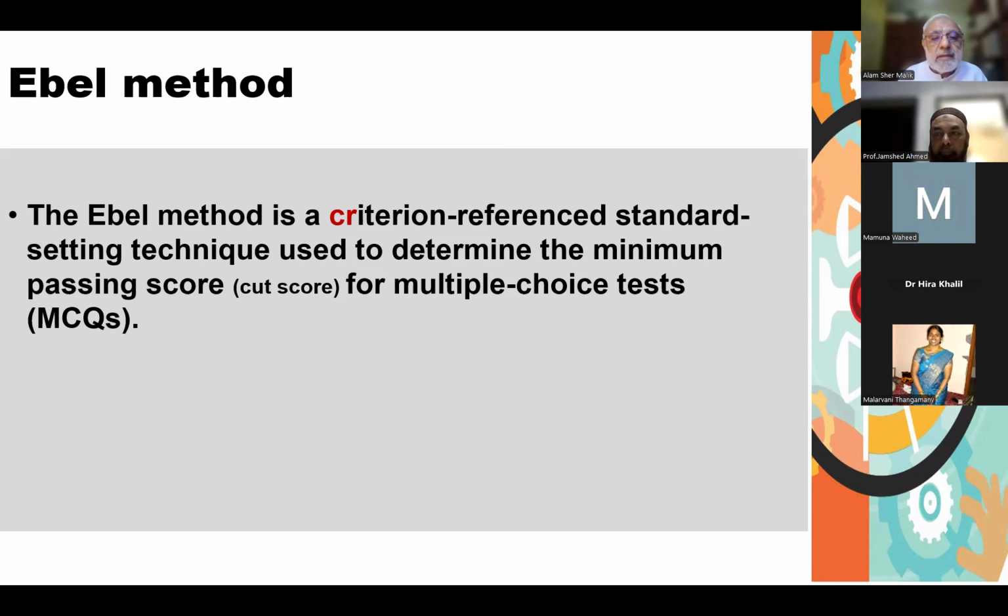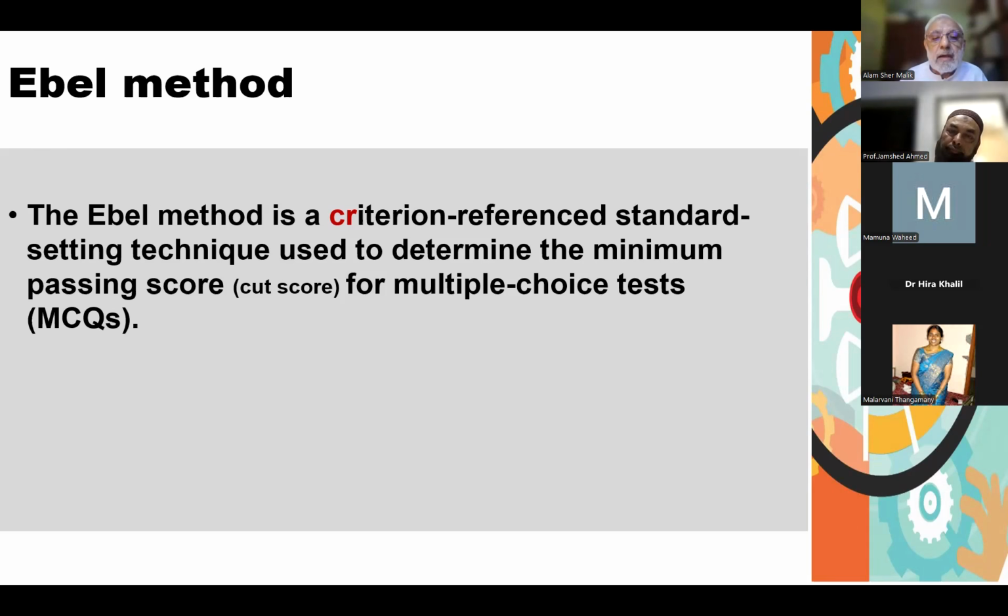So the Ebel method is a criterion referenced standard setting technique, and it is used to determine the minimum passing score or cut score for multiple choice tests. So criterion referenced standard setting technique may be one learning need which we might like to learn.